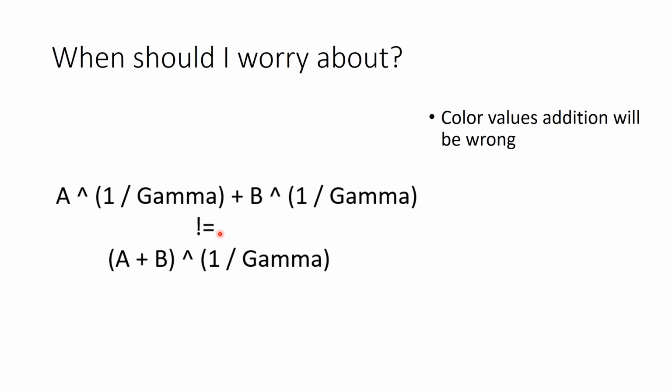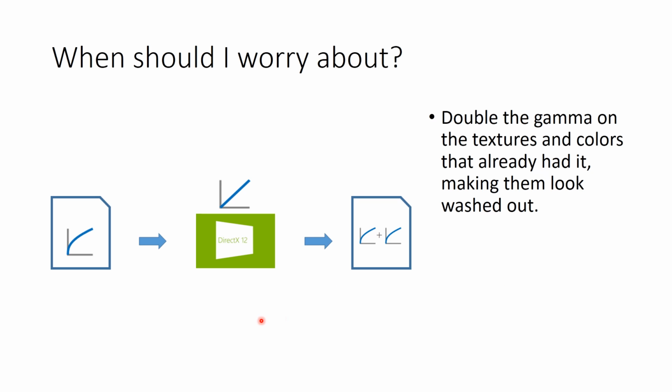That obviously, for mathematical reasons, is not equal to this: working first linearly and then raising to the desired inverse gamma. And for example, in that case, you are going to double the gamma on the texture. So your render target will look washed out.